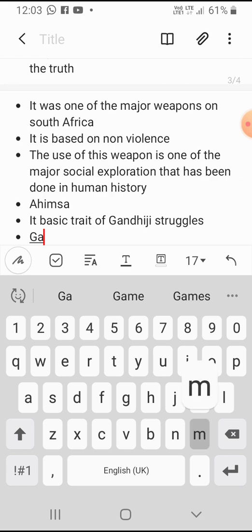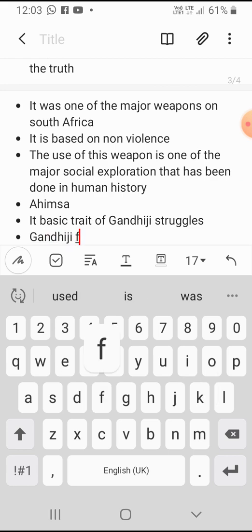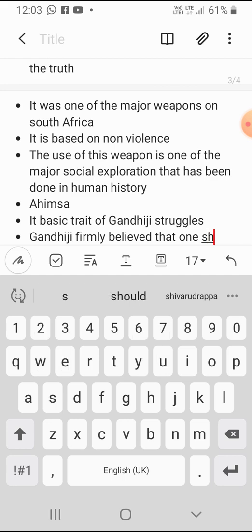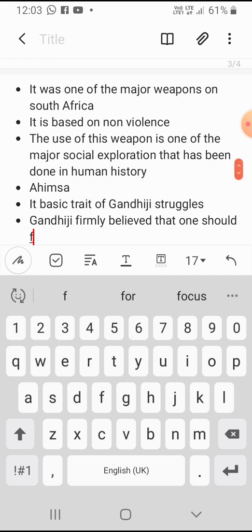Gandhiji firmly believed that one should face violence with satyagraha and ahimsa.